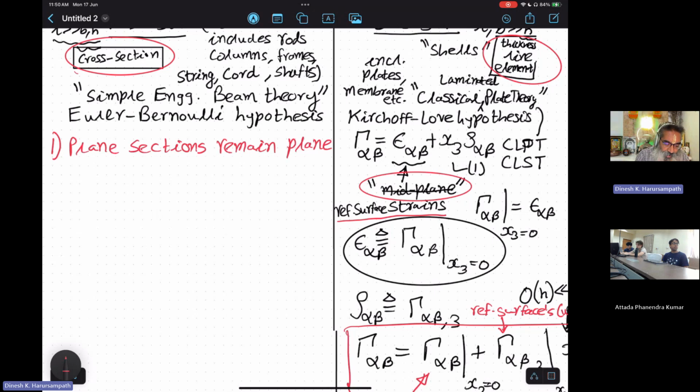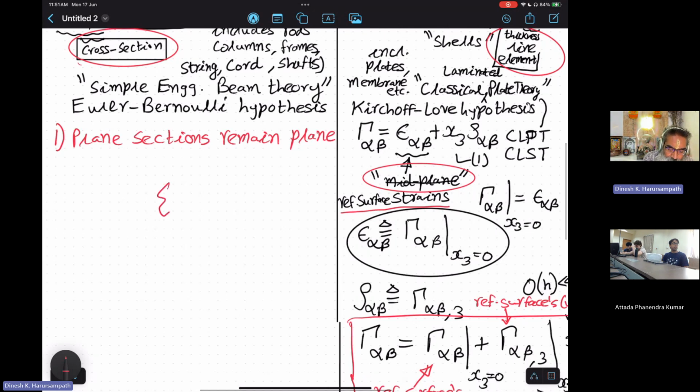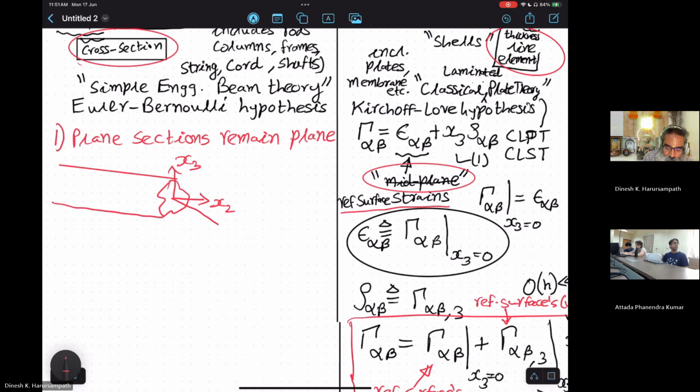So just let me sketch that to make it much clearer. So we have some arbitrary cross section. This is a beam, therefore its length is large compared to the cross-sectional dimensions. Now we have introduced a coordinate system of x2, x3 along the cross-section and x1 along the length of the beam, right?